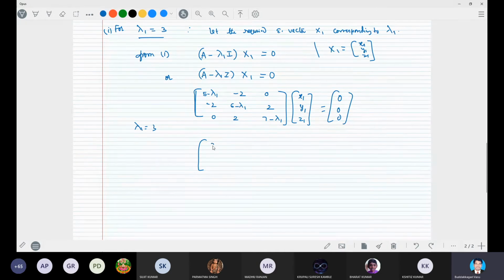So 5 minus 3 is 2, minus 2, 0; minus 2, 6 minus 3 is 3, 2; 0, 2, 7 minus 3 is 4, into x1, y1, z1 is equal to 0, 0, 0.